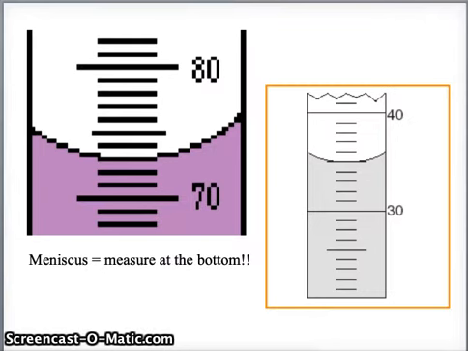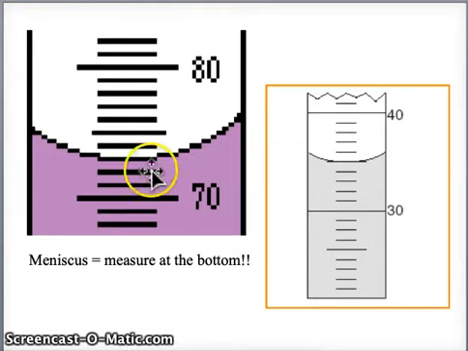One thing to note is that when you are measuring a liquid in a graduated cylinder, you're always going to measure at the bottom of the meniscus. When you put a fluid into the graduated cylinder, the fluid comes up on the sides and makes this little curved area here, so you always see this kind of arc.